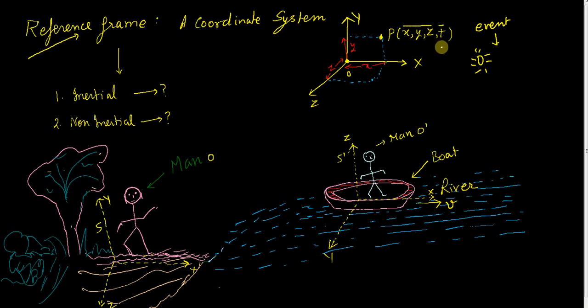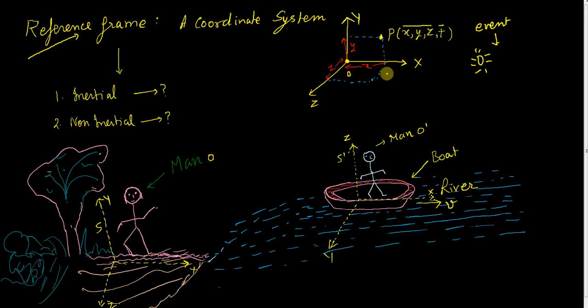Everything you observe in your life, you define in terms of the position, that means place, and the time. You will say that you were born at that place at that time on this day, right? So all this information comes through this coordinate system. So that is an event.